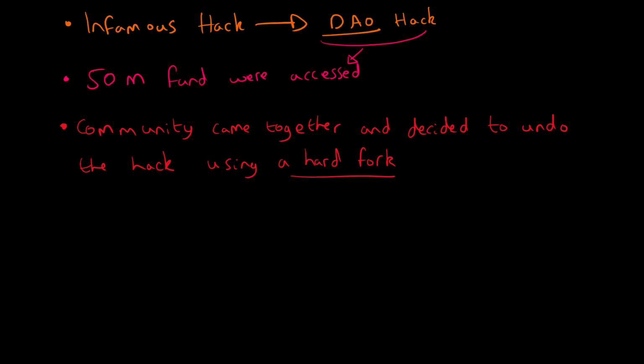If you're unaware of what a hard fork is, I've got a separate video covering the difference between a hard fork and a soft fork, so go check that out. Some really cool topics covered in there.